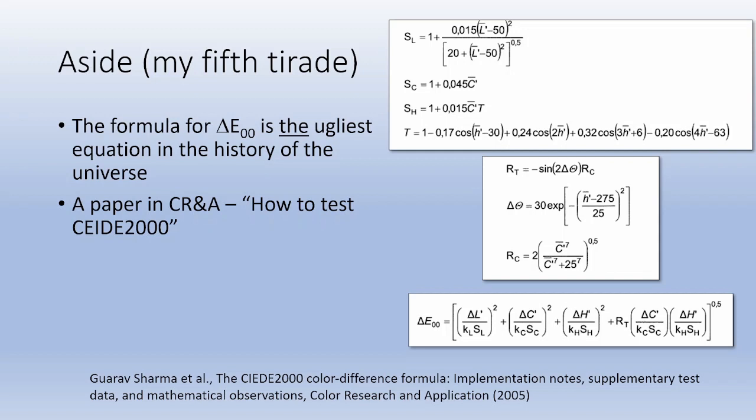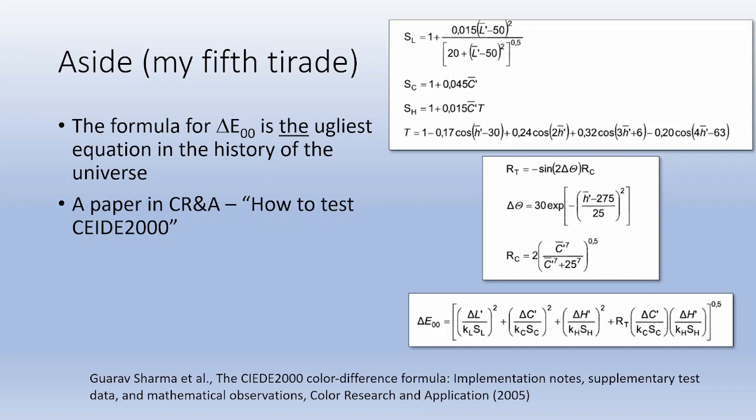People's software would disagree on what the delta E 2000 was, because a lot of people typed in a number wrong someplace, did something wrong, and this fellow, Gaurav Sharma, and the group of people he was working with, came up with a data set that would allow a software person to test whether they got it correct.